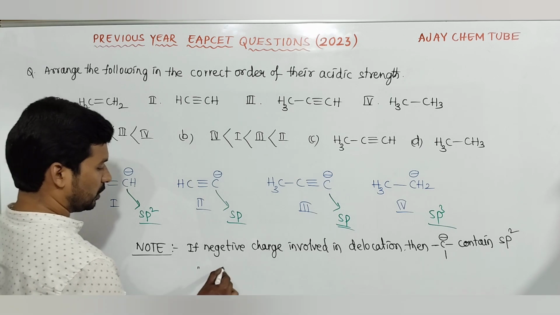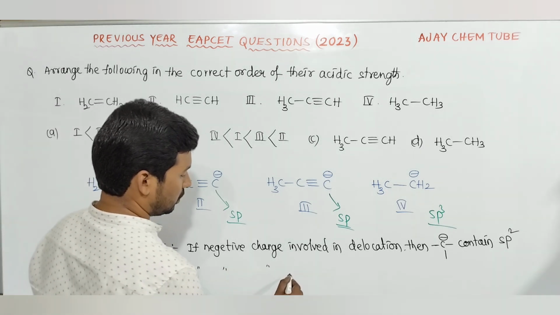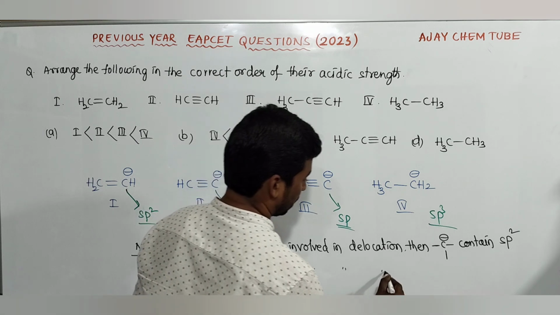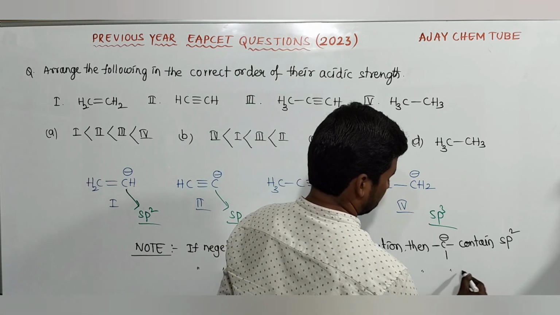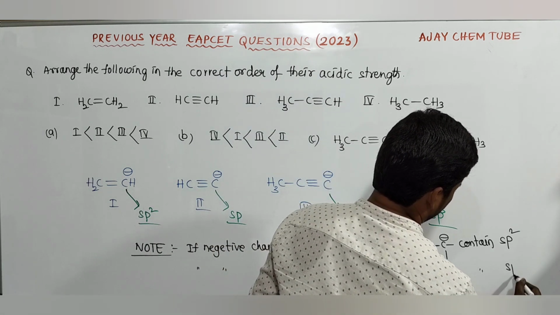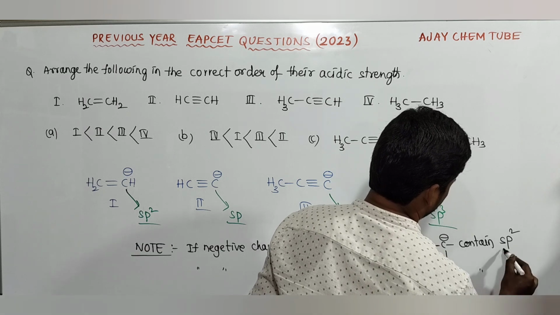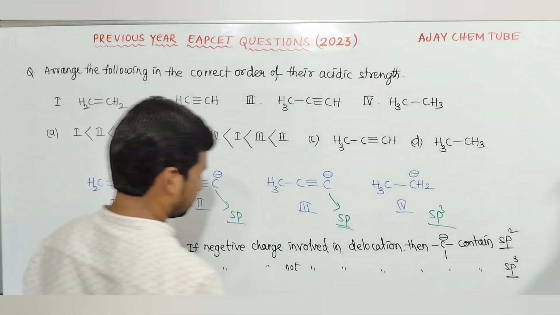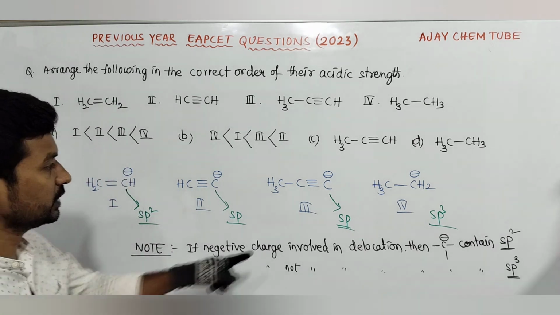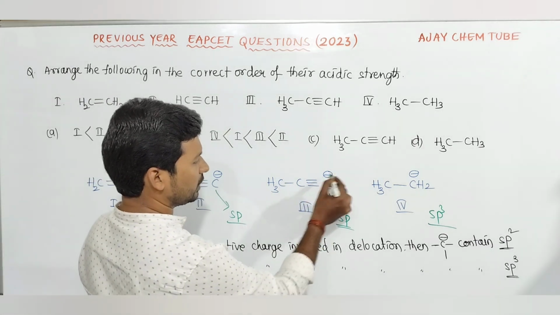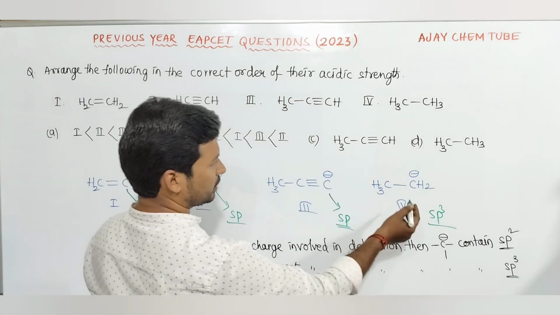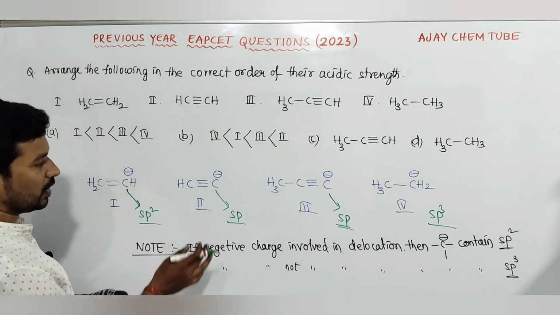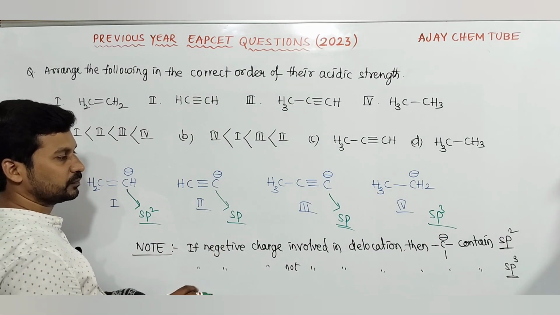If negative charge is not involved in delocalization, then the carbanion hybridization is sp3. So this is very, very important. Here the negative charge is not involved in delocalization, not involved, sp3. Okay, so sp carbon with negative charge is more stable.